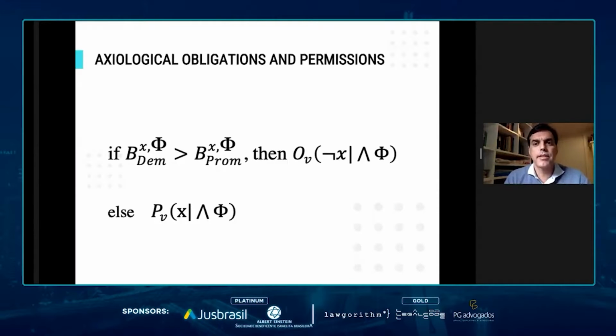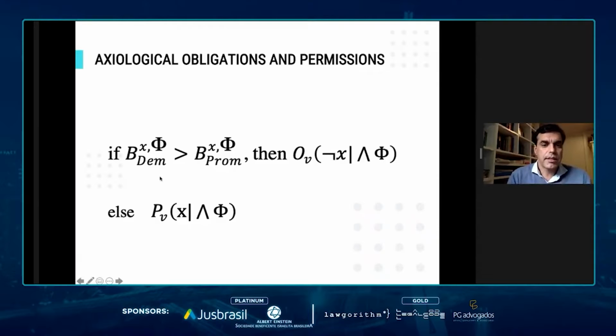So we divide the values which are relevant into those which are demoted and those which are promoted, and use an impact function to assess whether the action impacts the demotion or the promotion of a given value, and also use factors that may intensify or attenuate the impact on such values.